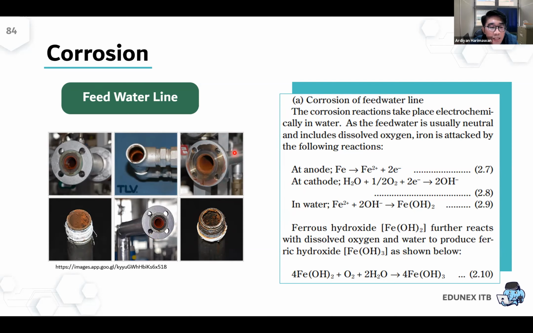However, in the boiler system, sometimes we install an economizer, or I forgot the name, a preheater, to increase the temperature of the water being fed to the boiler.